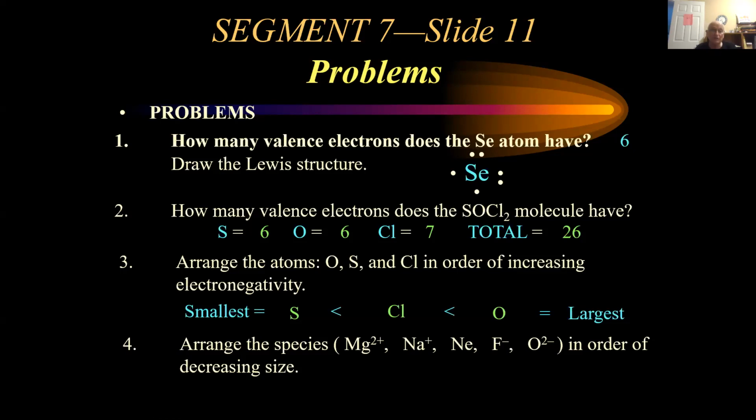So it goes as charge. If they are what we call isoelectronic, that is, if all these species have the same configuration as the central atom, or as that middle one in this case, neon, then it goes as charge. The +2 ion is the smallest, the +1 is next, the neutral is next, the -1 is next, and the -2 is the largest.